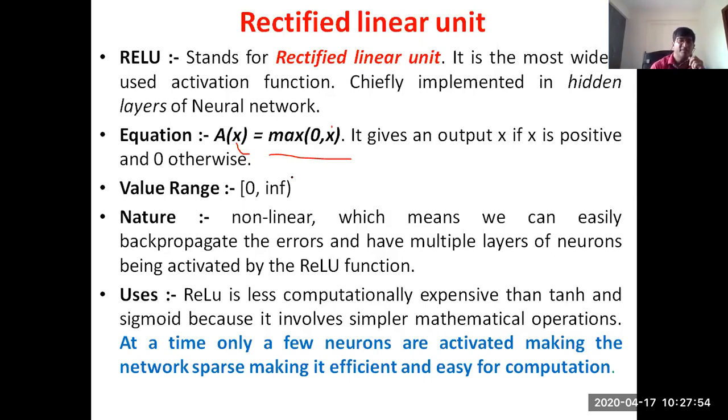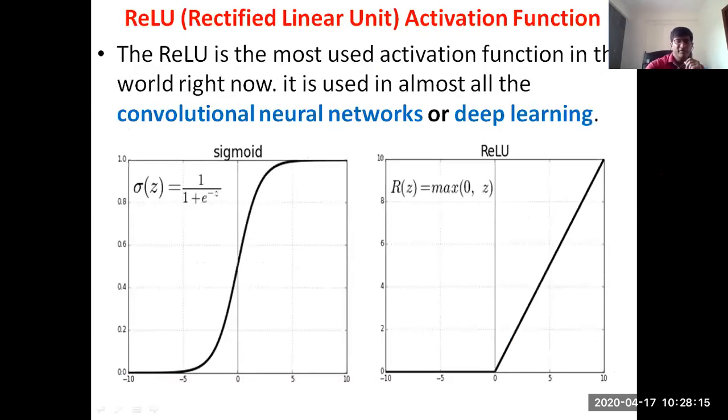Therefore it becomes more efficient and easier to handle, and the computations also become less. That is one of the major advantages of your RELU function. So performance-wise, these functions are pretty okay. This is how the RELU function might look. And let me tell you, it is one of the most commonly used functions for convolutional neural networks and deep learning.